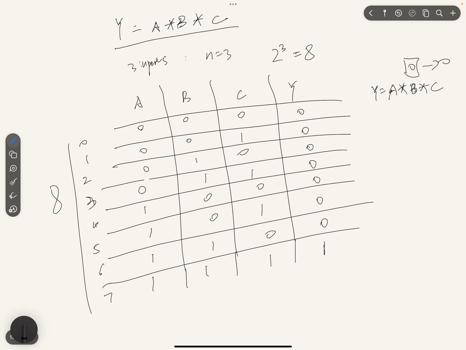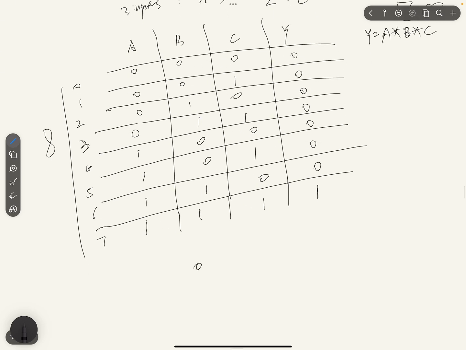So basically if we draw the switch diagram, we have 3 switches in series, and a light here. All the switches need to be closed in order to turn on the light. If either one is open, the light is off.